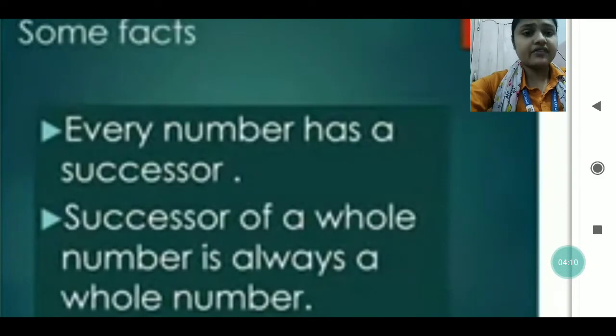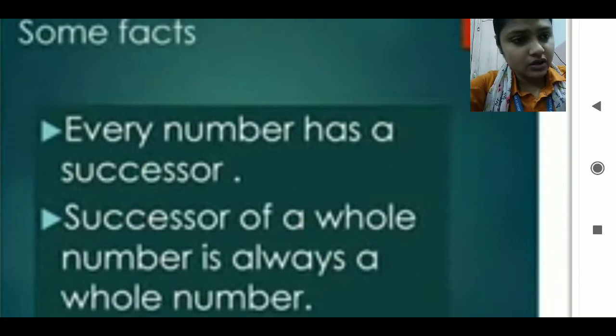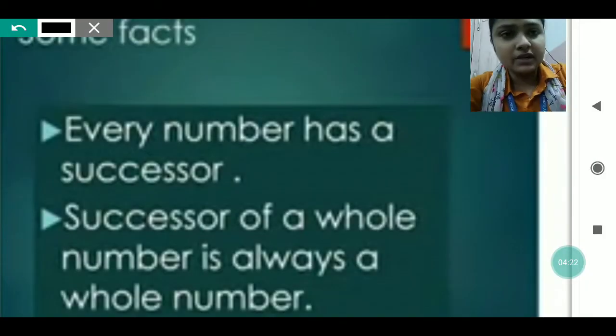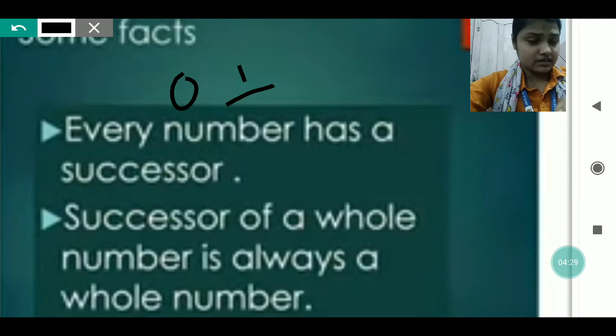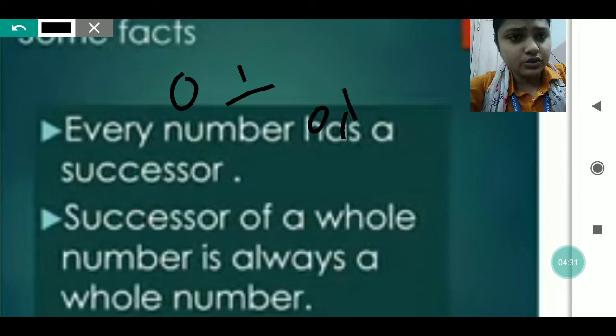Some facts: every number has a successor. Like 1 has a successor, 2 has a successor. The successor of a whole number is always a whole number. 0 also has a successor, that is 1. From 0, we write 0, 1, 2, 3, like this.